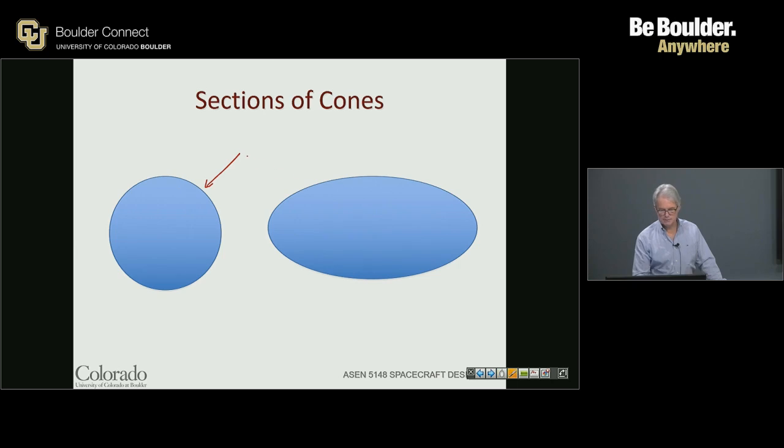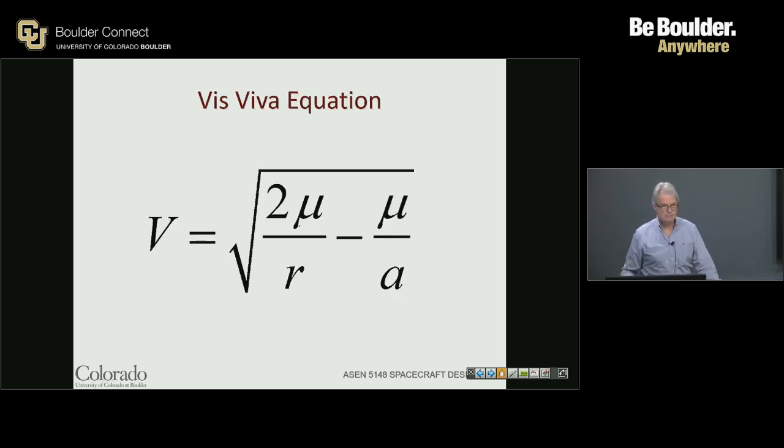So what I'd like to do is talk a little bit not about the circular orbit, but about what is likely more common, the elliptical orbit, and some of the parameters of the ellipse. I'm just going to throw it out and say this is something you have to remember from this lecture: velocity is the square root of 2 mu over r minus mu over a.